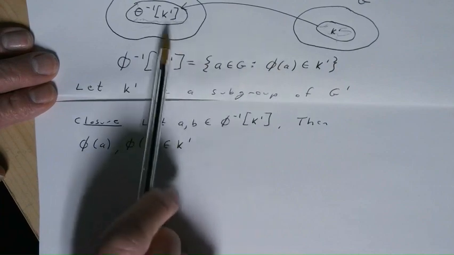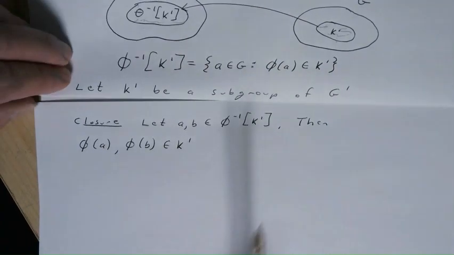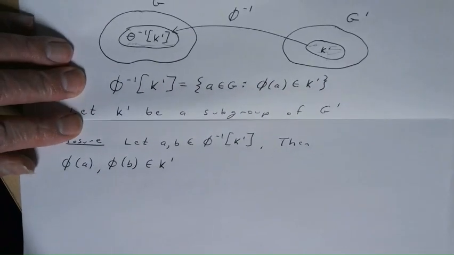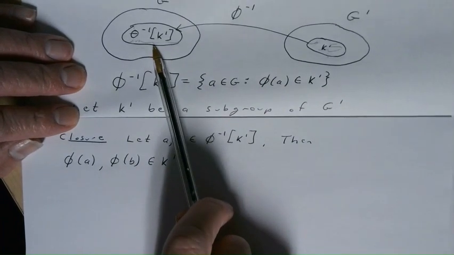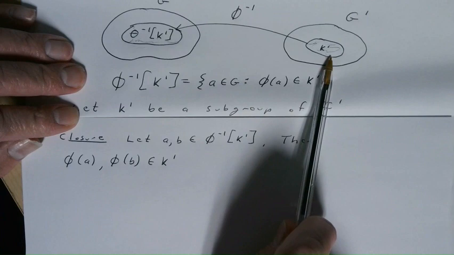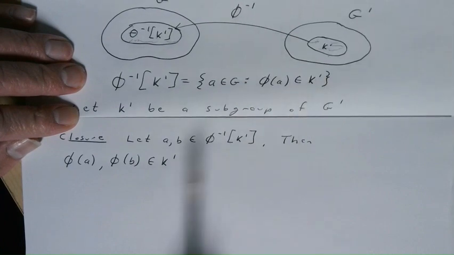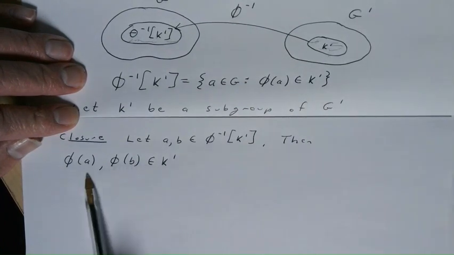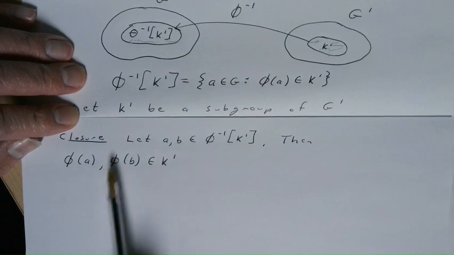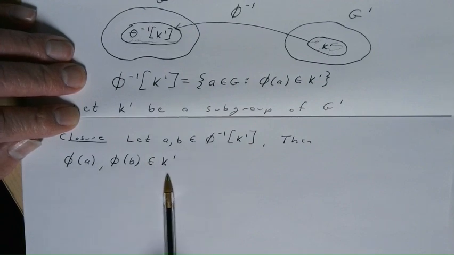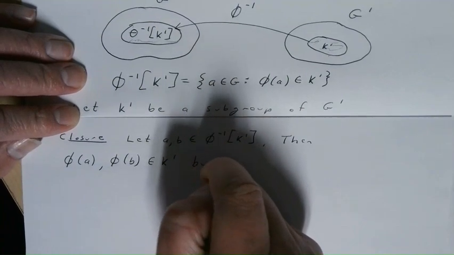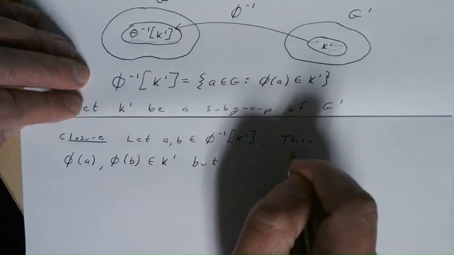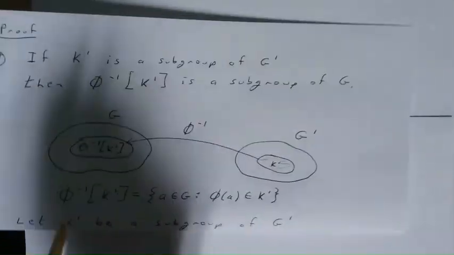If something is in phi inverse K prime, that means it's something that will have mapped to something in K prime. So therefore, phi of A and phi of B must be in K prime. But notice what we have up here.